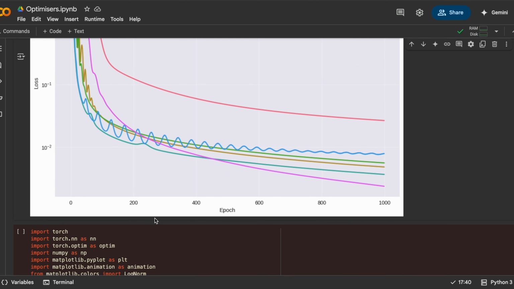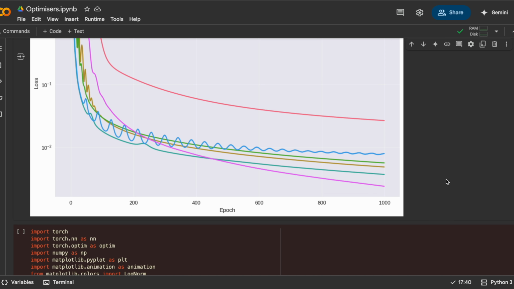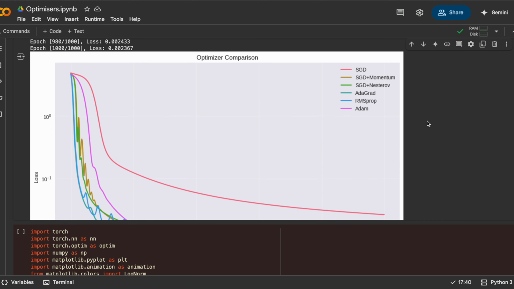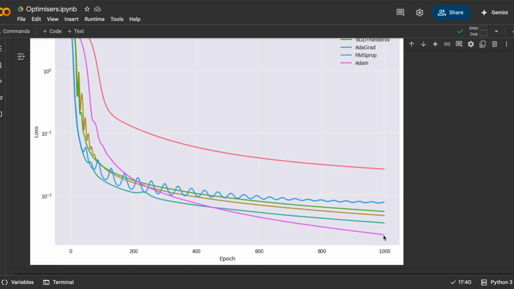Yeah, you can see that for 1,000 epochs, the losses which Adam gave. At the earlier stage, you could not find that Adam gave the most optimum solution by decreasing the losses. But when we run for more epochs, you can find that Adam outperformed all other methods. The magenta line of Adam, you can see that it performed better than all other losses.